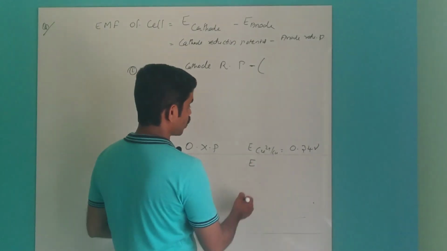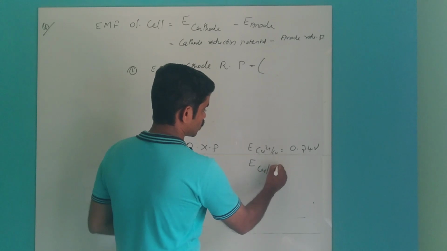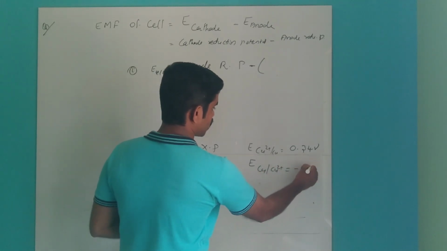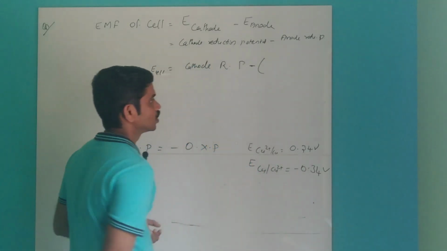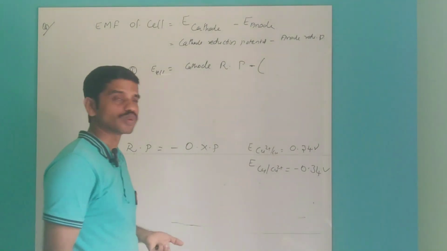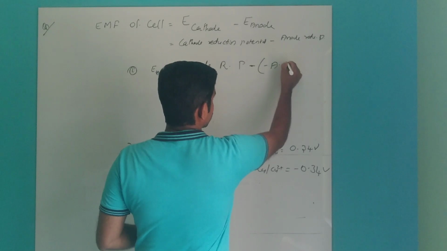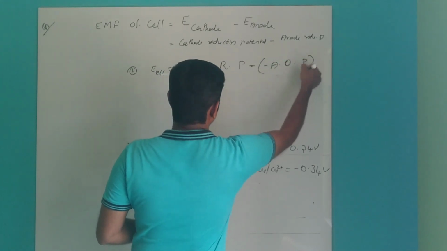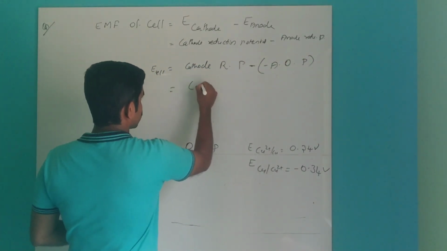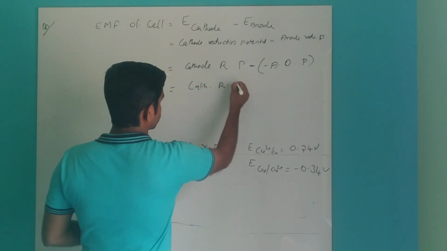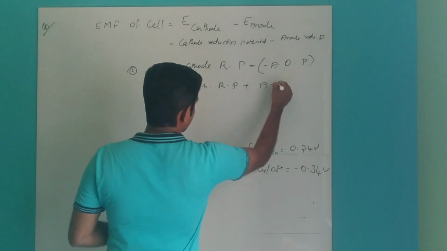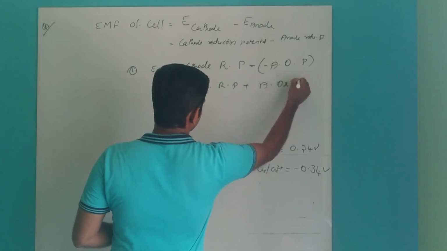The oxidation potential of Cu to Cu2+ is equal to minus 0.34 volt. So it's always equal and opposite. So you can write minus anode reduction potential as plus anode oxidation potential: cathode reduction potential plus anode oxidation potential.